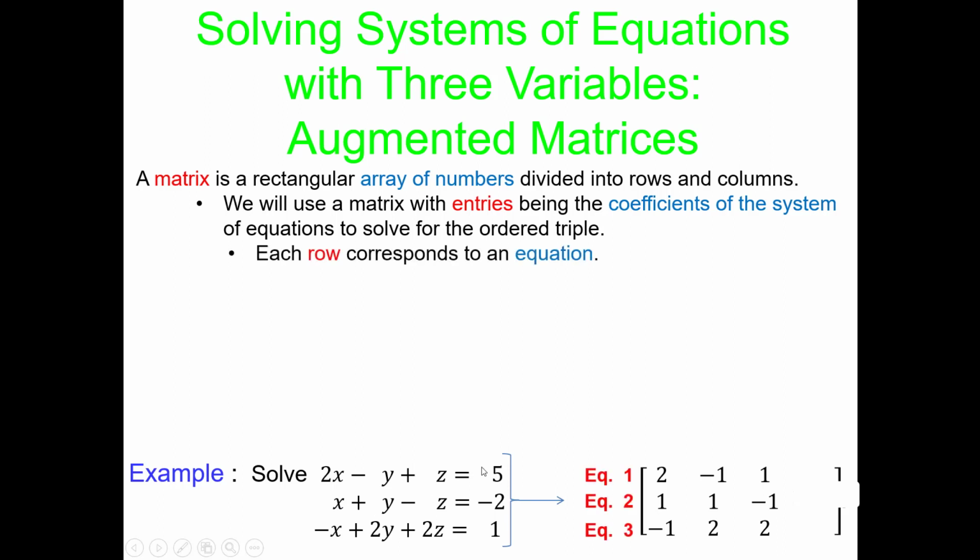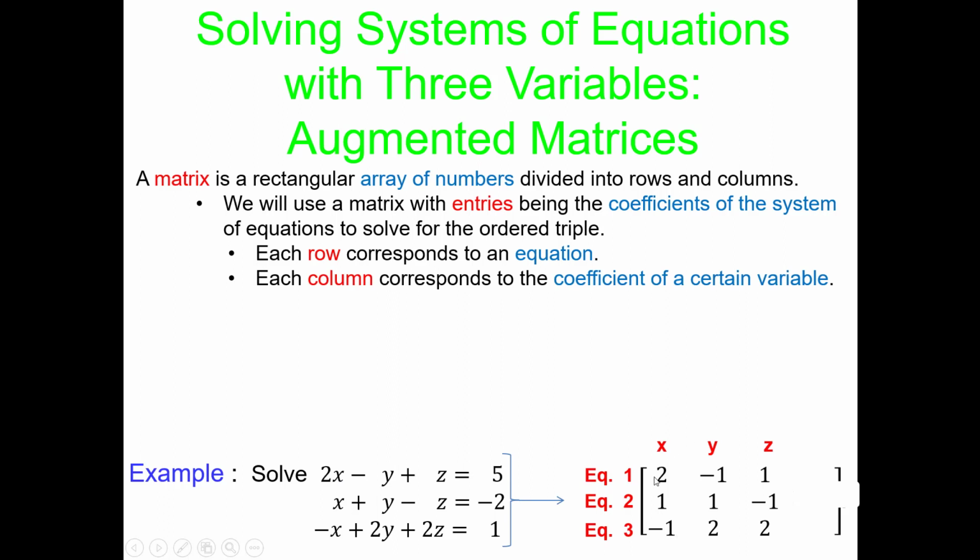Now, each row in this new matrix will represent a corresponding equation. Each column in this matrix will represent the coefficients for a particular variable. And so 2, 1, and -1 represent all of the coefficients of x, and so on.